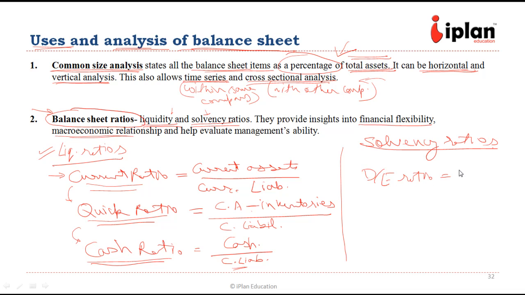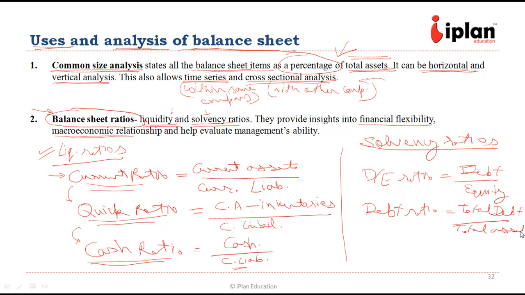They could be the debt equity ratio, which is debt divided by equity, or there could be the long-term debt equity ratio, where we have long-term debt divided by long-term equity, or we have the debt ratio, which is total debt divided by total assets. The higher the debt taken by the company, the poorer the solvency of the company. We are getting all this information for these ratios from the balance sheet. That is why they are known as balance sheet ratios.